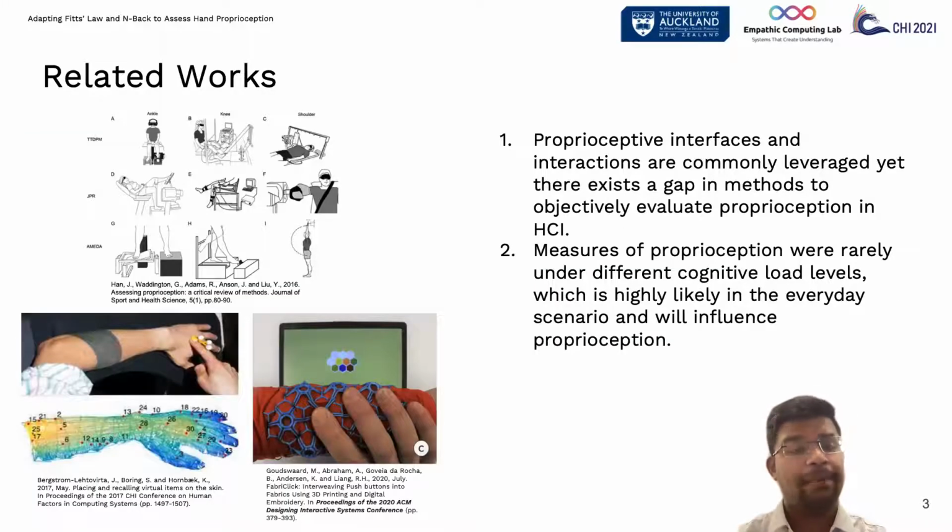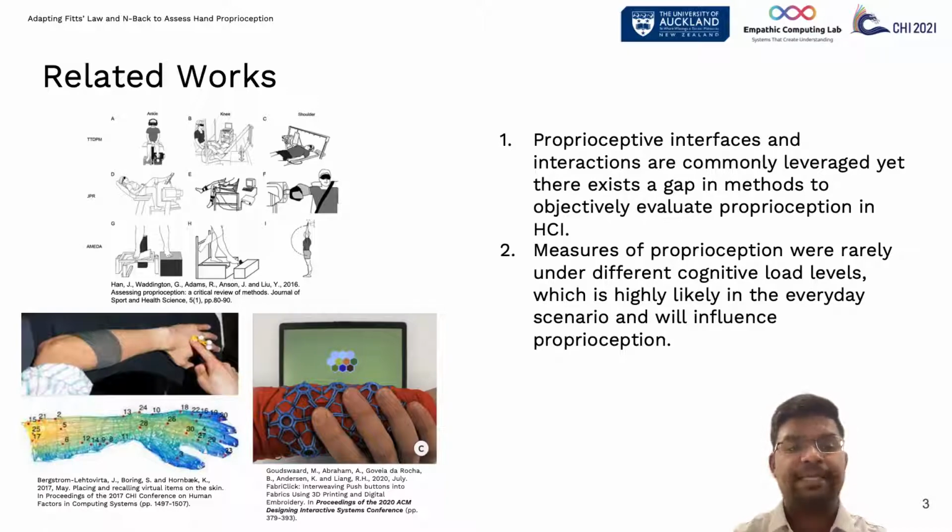In the past, there have been several related works to evaluate and measure proprioception. Looking at more modern works, Wycherley developed a portable device called proprioceptometer, which measures joint position sense. Han and Helios provided an in-depth review of measuring proprioception, but none of the above research works measure proprioception for the proposed task.